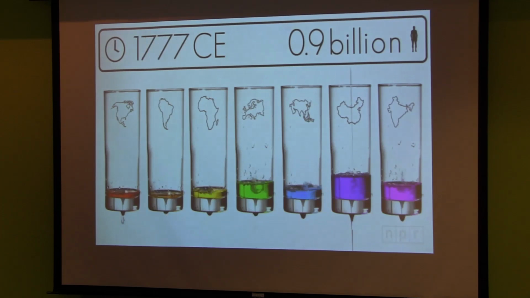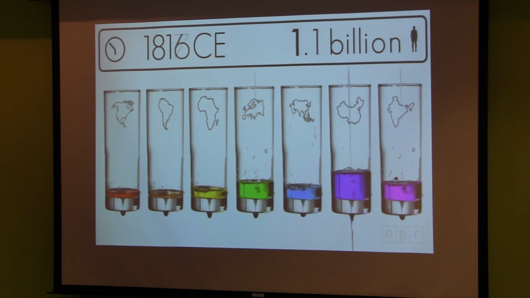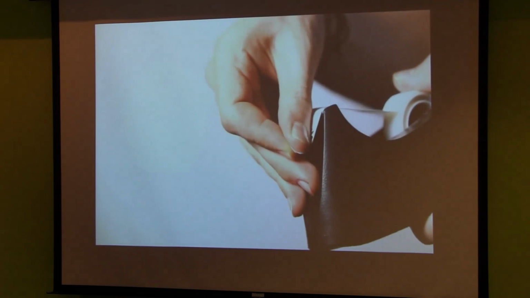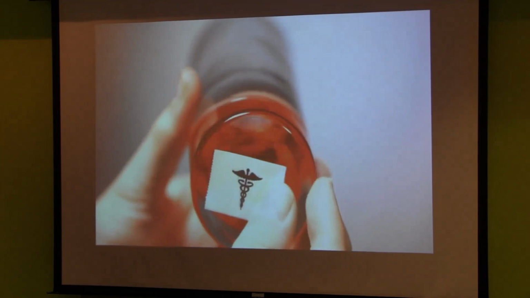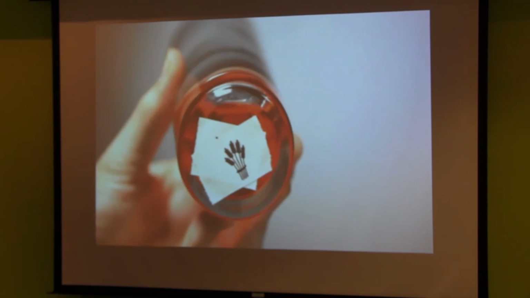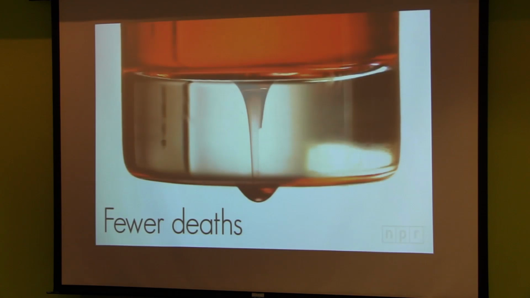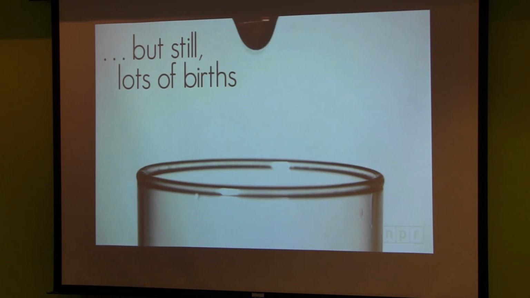We don't reach 1 billion until 1804. But things are changing. Better medicine and better agriculture are starting to slow the leak from the bottom of the glass. People still die, of course, but more babies grow up and have babies of their own. Lots of babies.